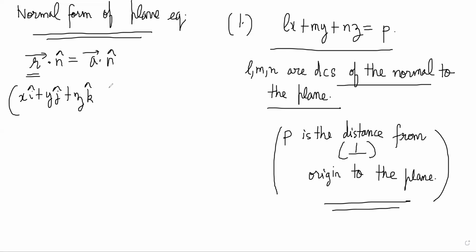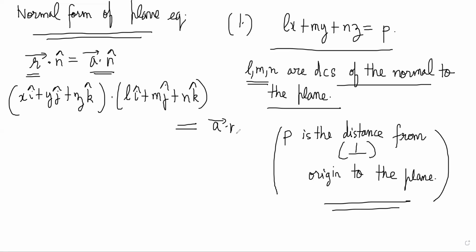And n, the normal direction, since we know L, M, N are direction cosines of the normal, is definitely Li plus Mj plus Nk, is equal to something, a dot n. So that we'll figure out later. But this side is becoming Lx plus My plus Nz is equal to some a dot n, right?